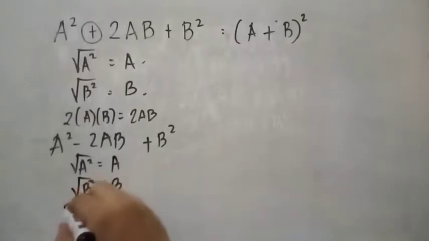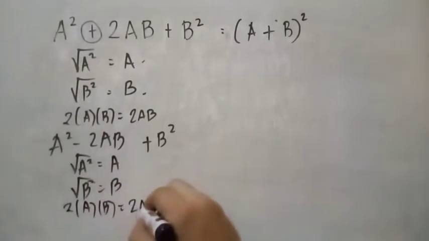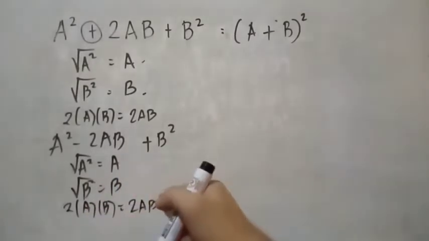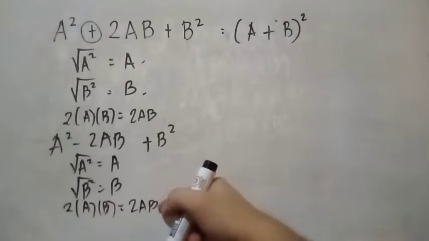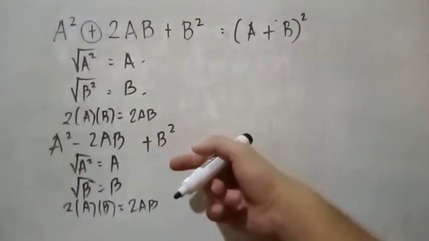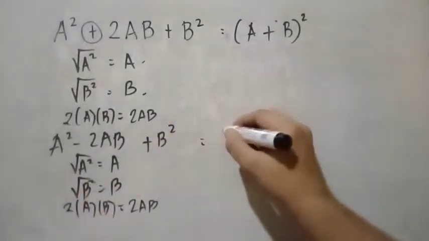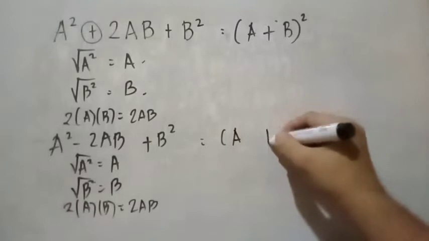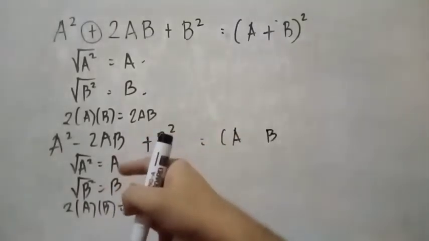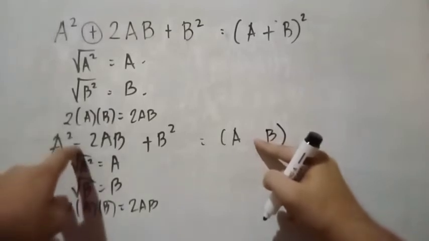So we have 2 times a times b. We have 2ab. So dapat mag-match itong 2ab, yung product na to, sa middle term. So nag-match, perfect square trinomial siya. So pwede na nating i-factor to as (a, b). So kokopyahin mo lang yung dalawang terms. And then yung sign nila is this time negative.